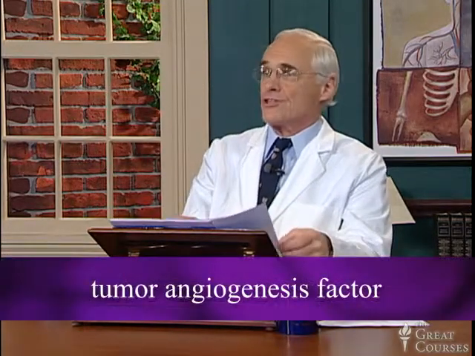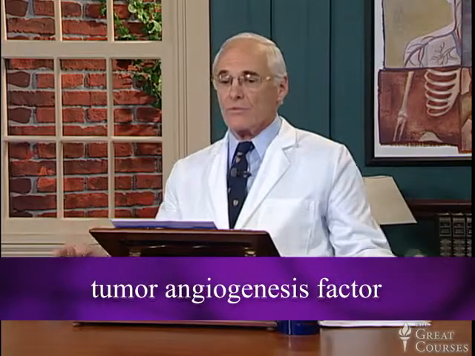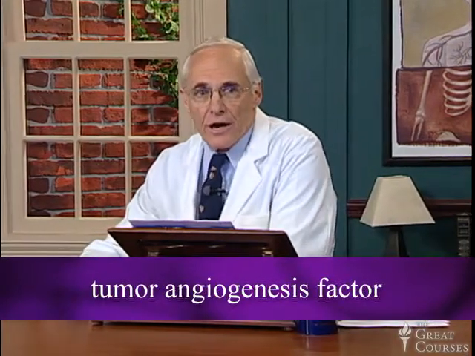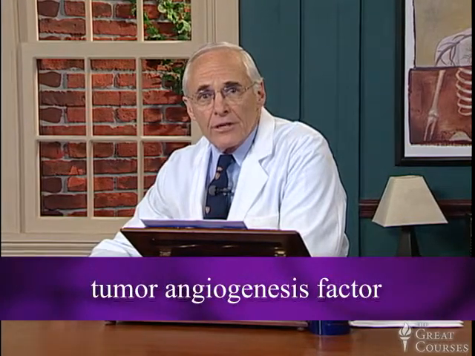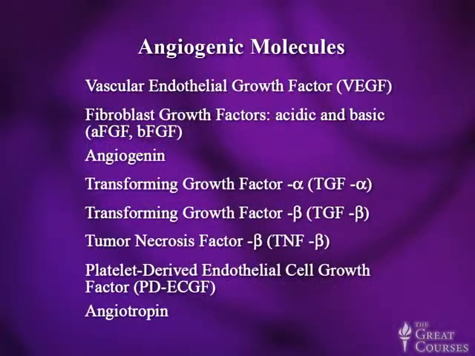And he began investigating and discovered that there was something he initially thought was called tumor angiogenesis factor, thinking it was just one, but as his experiments went on and others joined in this search, they found a bunch of angiogenic molecules, and there are probably more than these, but the ones that are very popular now because we know of their effects. One is vascular endothelial growth factor, called VEGF, probably the most powerful one.